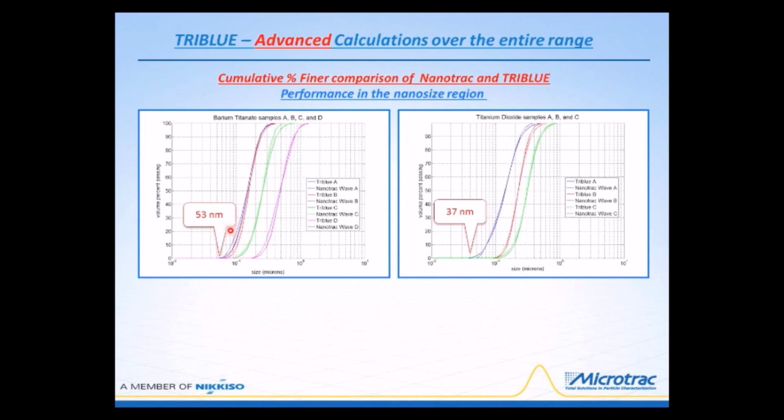This shows that the Tri-Blue is picking up a slight difference because it does have that capability of measuring down to 53 nanometers. Actually, it will go down to 10 nanometers in this region here, but I've already shown you that there is performance down this region. This is an irregularly shaped particle, and you can see that there are some slight differences between the two materials, sample A and sample B, which the customer was expecting.